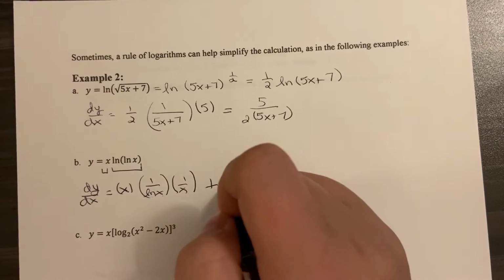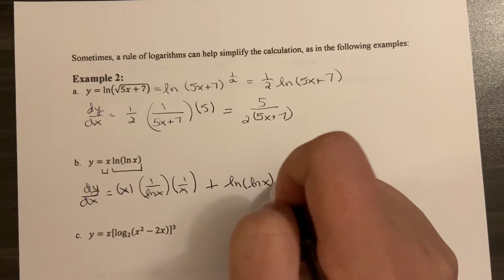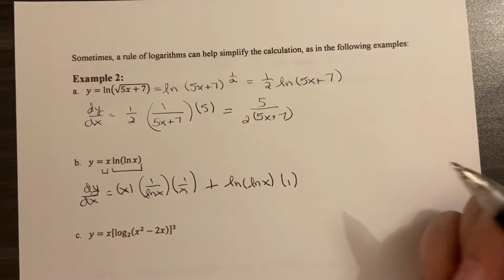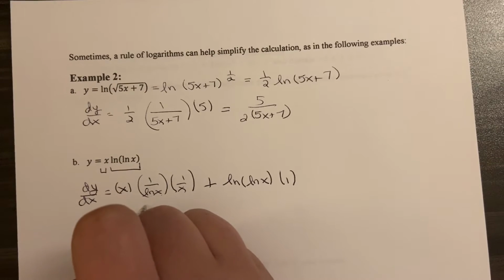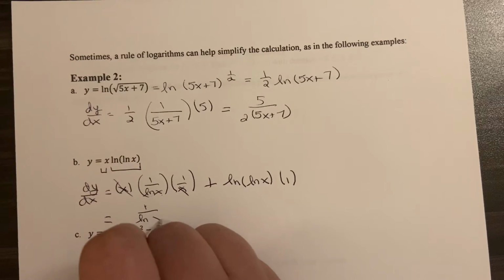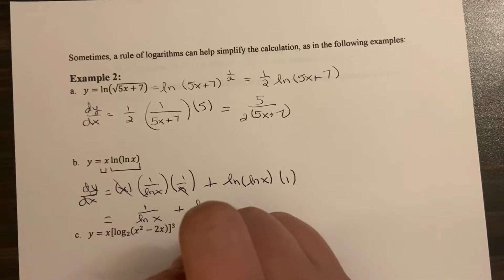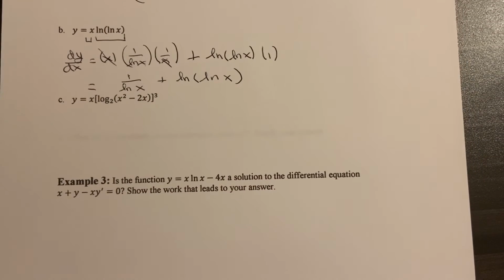So that plus ln of x times the derivative of x, which is just a 1. And then I just, again, took a line. This would be, these x's actually cancel. So it would be 1 over ln of x plus ln of x. And I just left that one like that.